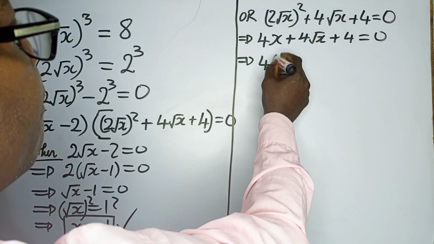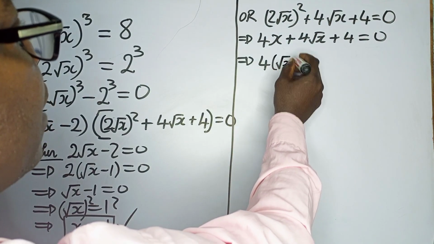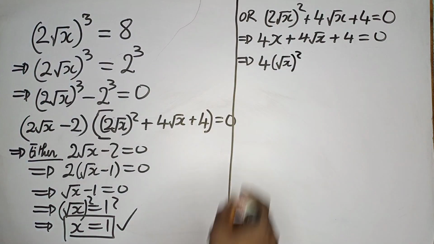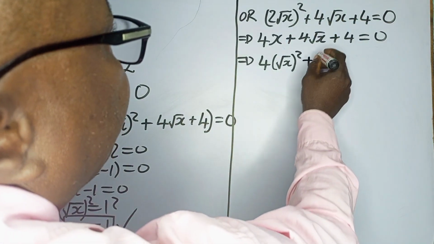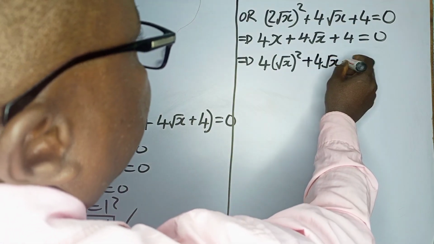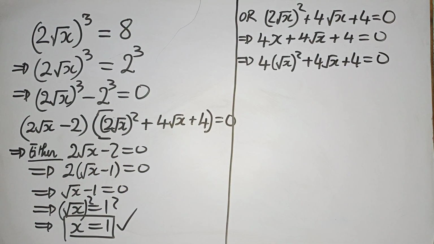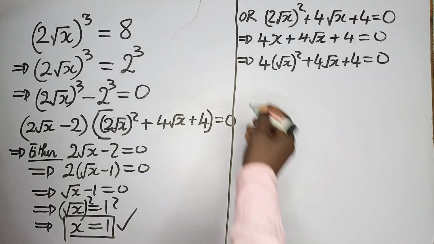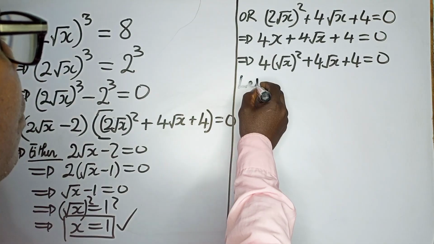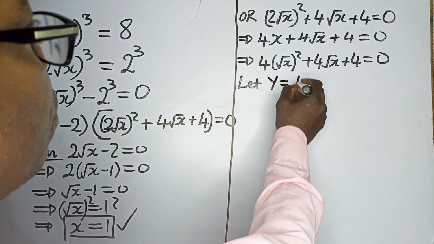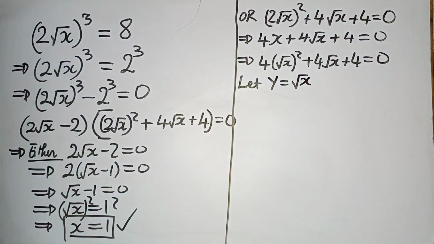We'll just say 4 into (√x)^2, and then we continue. We have 4√x plus 4 equals 0. So here we see clearly the quadratic nature. It's a quadratic in terms of √x. To make it a lot clearer, let us make the substitution y equals √x.